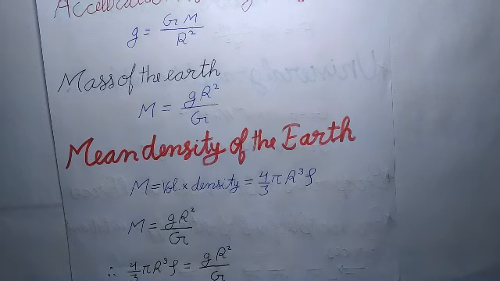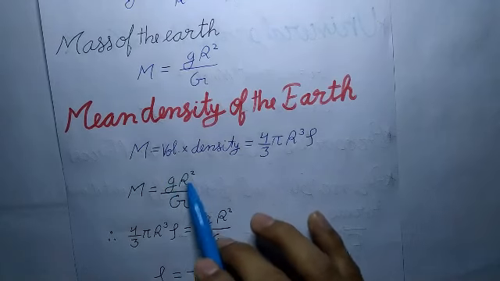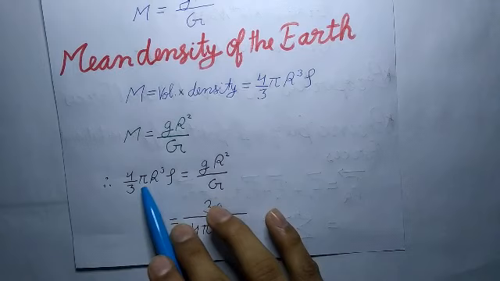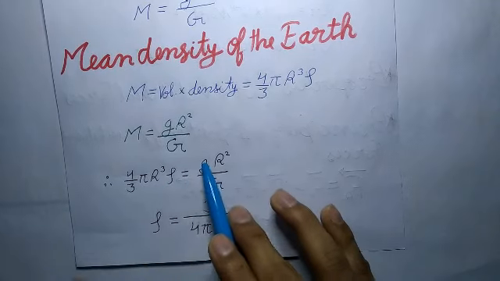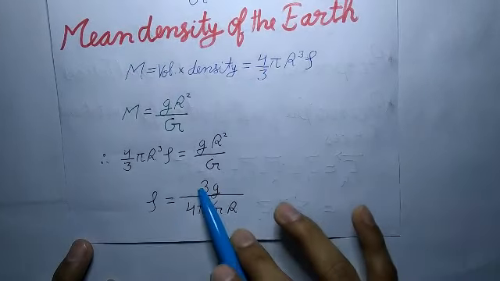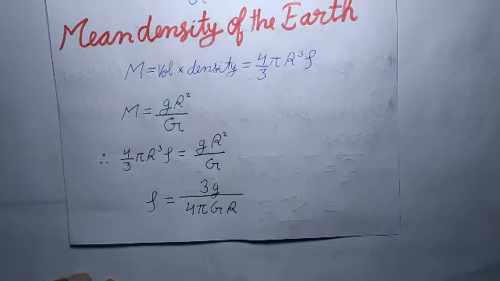And also this can be represented as g R squared upon G. Therefore, we can say 4 by 3 pi R cubed rho equals g R squared upon G, and then rho equals 3g upon 4 pi G R.